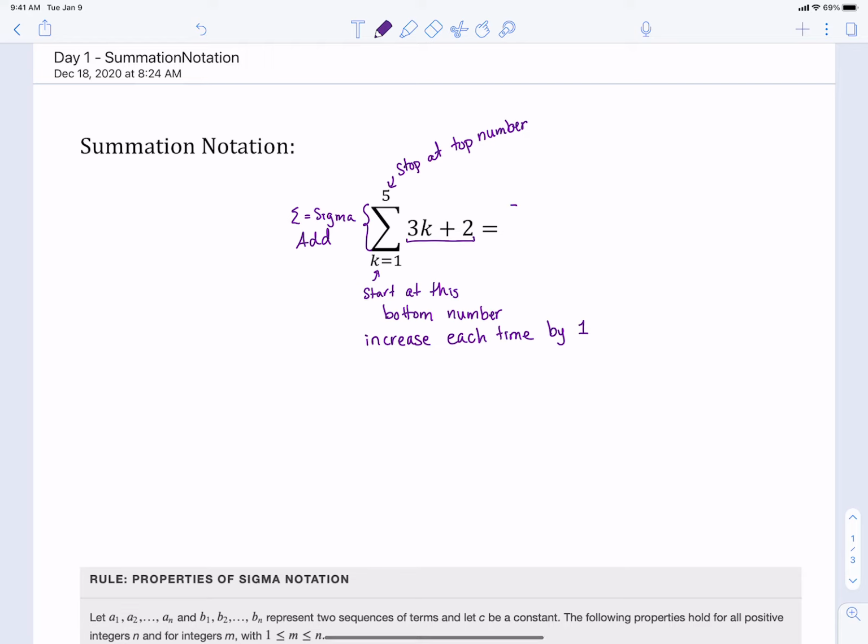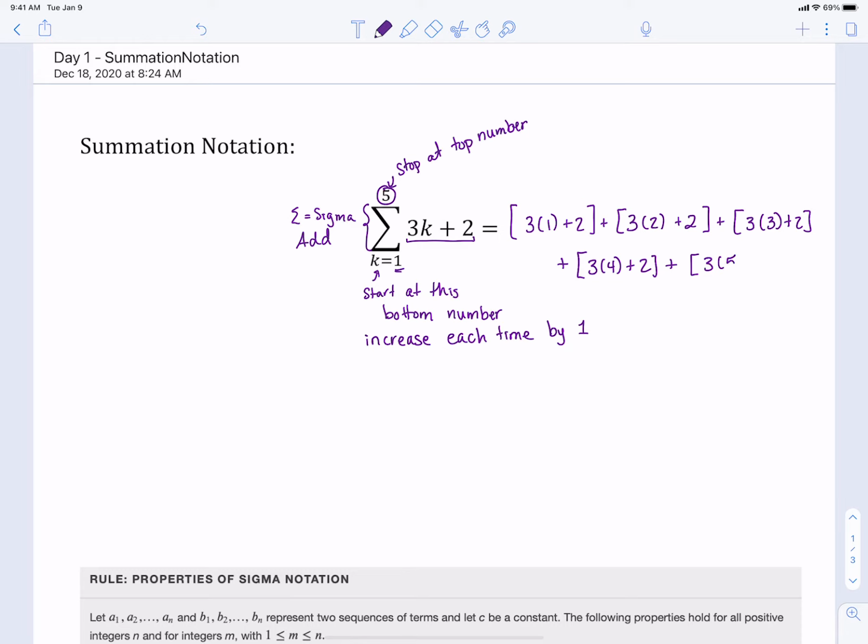So we need to plug in 1 for k. Starting at 1 comes from k equals 1. Then we go up by increments of 1, so we plug in 2, 3, 4, and keep going until we get to the top number, which is 5, and that's when we stop.